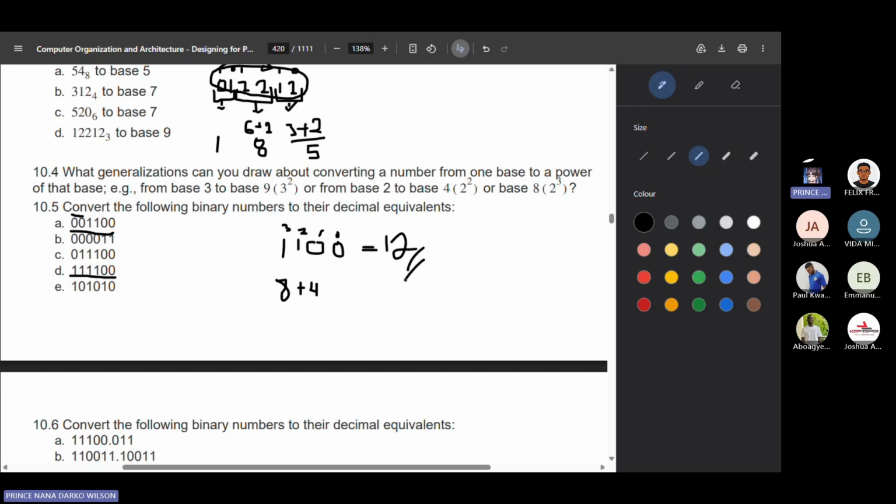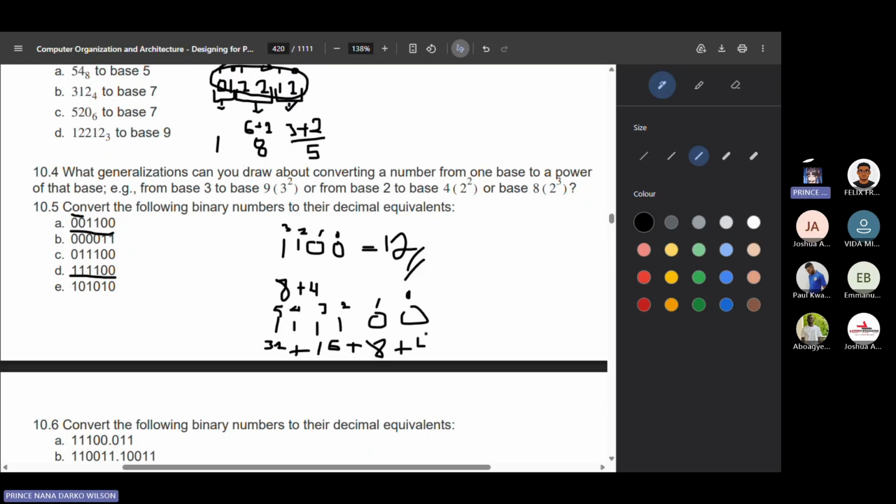And then for this guy on the other hand, we have 1, 1, 1, 1, 0, 0. So this is 2 to the power 0, 2 to the power 1, 2 to the power 2, 2 to the power 3, 2 to the power 4, 2 to the power 5. So starting from the most significant bit, this is 32, this is 16, this is 8, and this is 4.